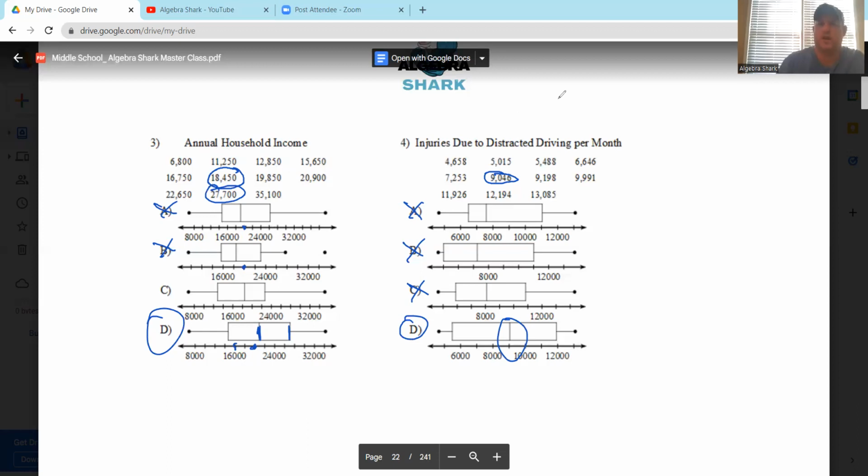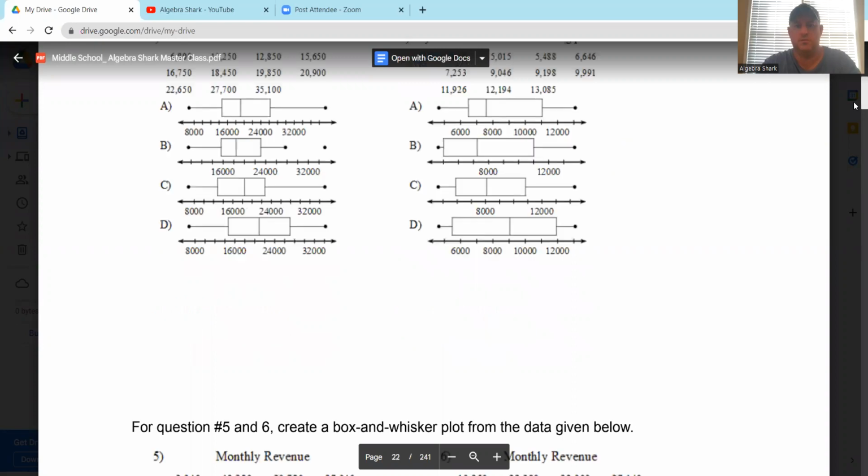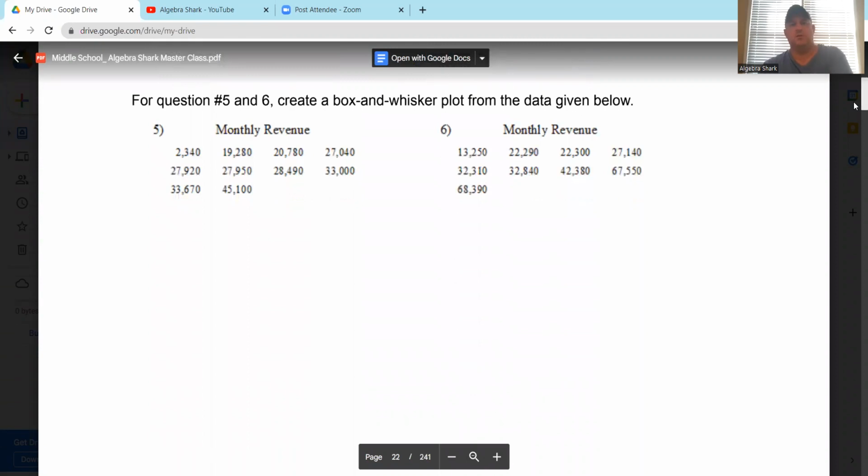Okay, so let's go to 5 and 6. All right, so for 5 and 6, they want us to just make our own box and whisker plot. You don't really need a number line for this. We're just gonna make it how we feel necessary.